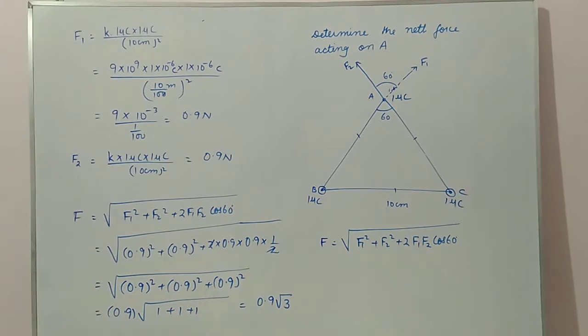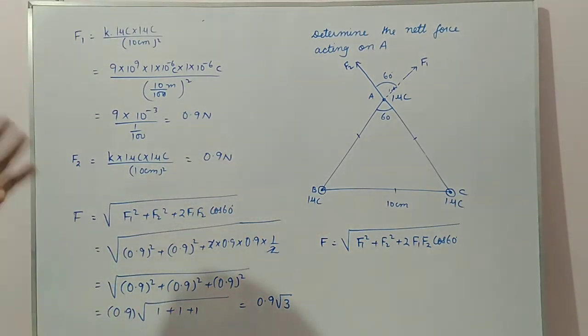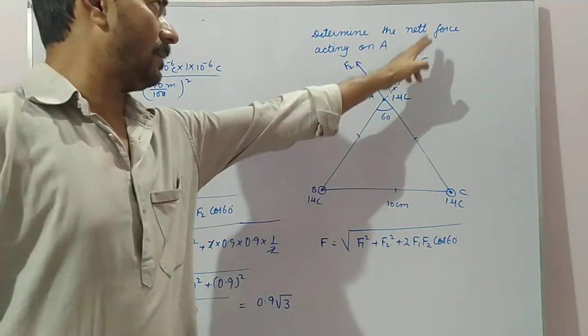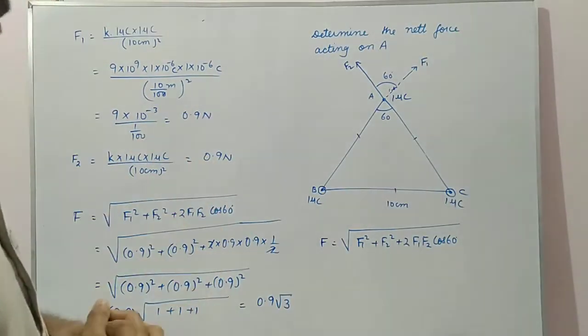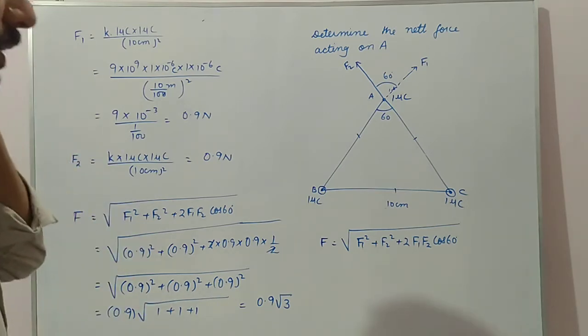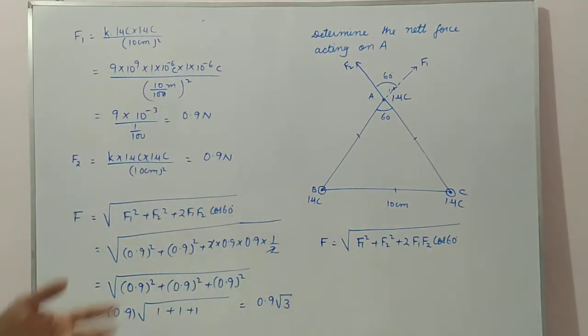This is the net force acting on A. F1 acts along this direction, F2 along that direction, and the angle between F1 and F2 is 60 degrees. So we determine F1, F2 and then the resultant force.